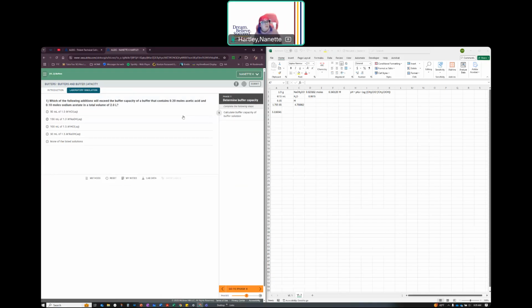So I can add more base than I can acid. Looking at the base side, I need to be looking at the acid side. And so the 100 milliliters of the 0.15 is probably going to be the one that's the problem. I'm going to guess that. And hooray, look, that was the problem. So go on.